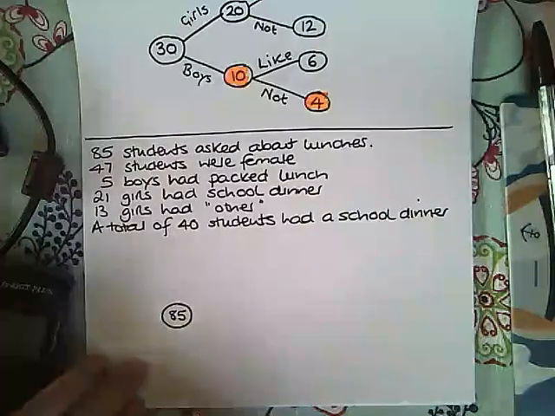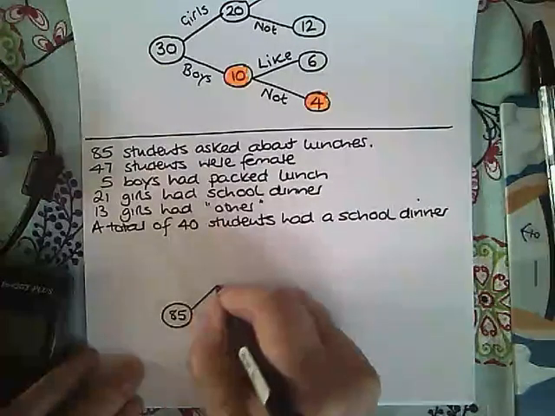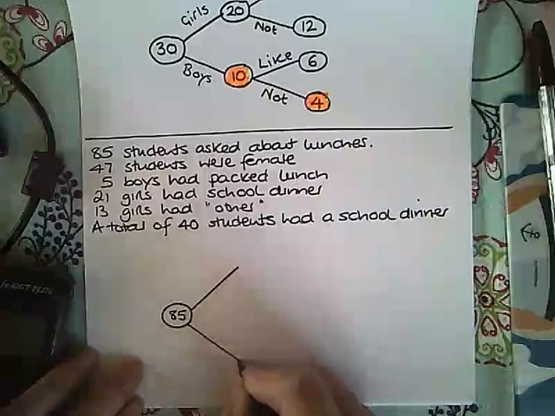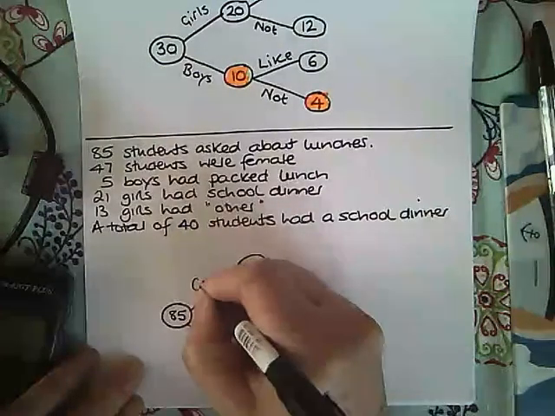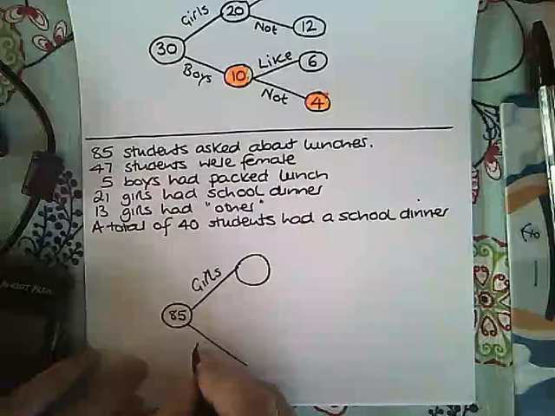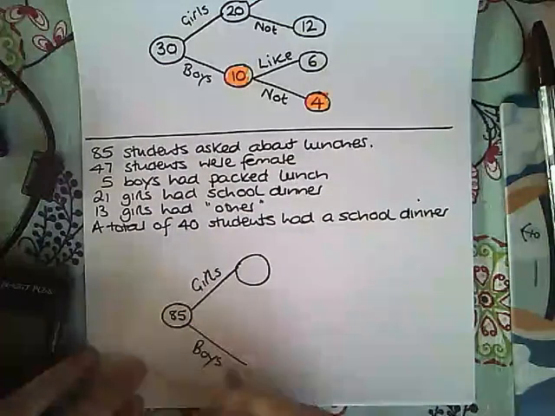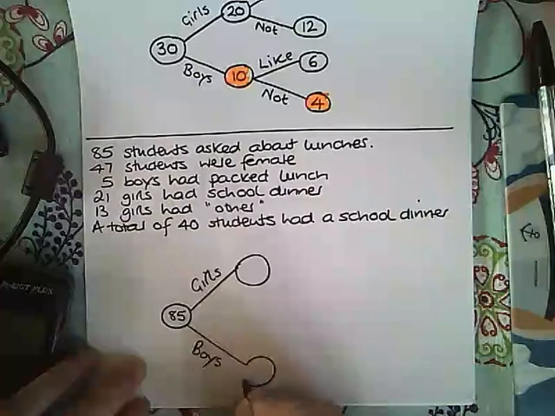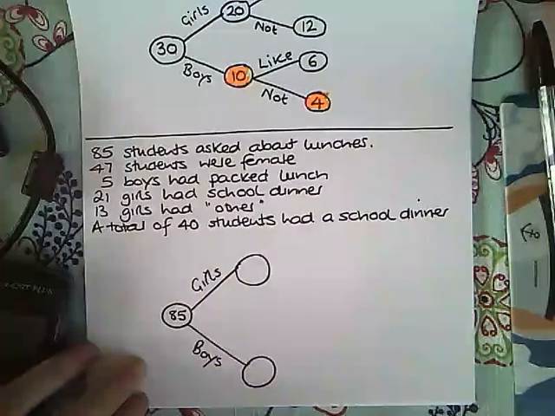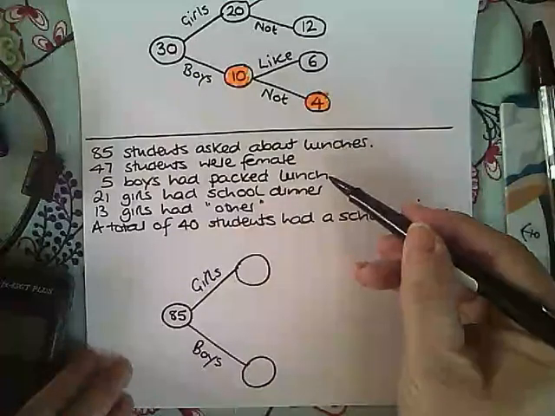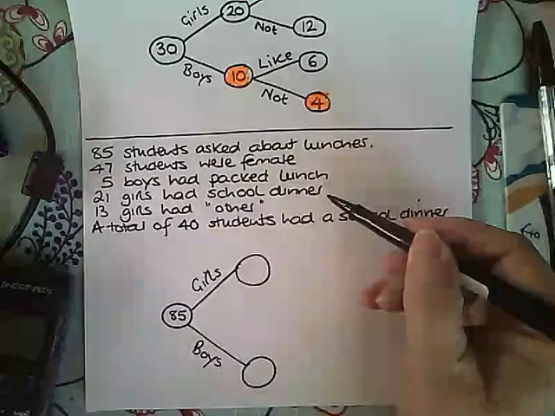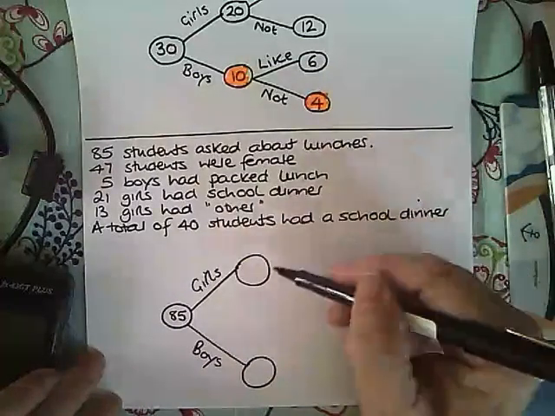And then we're coming off with girls and boys. So girls and boys with a bubble. Girls and boys. And then our options for lunches are packed lunch, school dinner, and other. So 3 bubbles having to come off these ones.